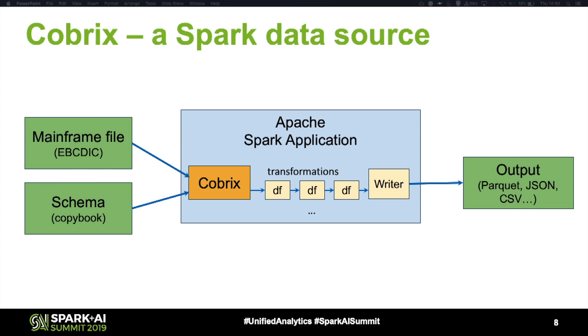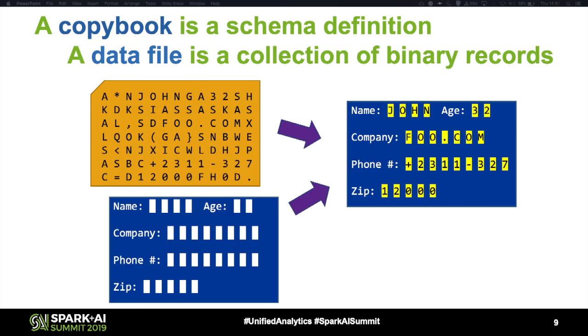So let's take a look at the kind of use cases we have, and what kind of transformations may be required in order to properly process mainframe files. I'd like to introduce just a couple of mainframe terms in order to understand what's going on. The first two terms are a data file and a copybook.